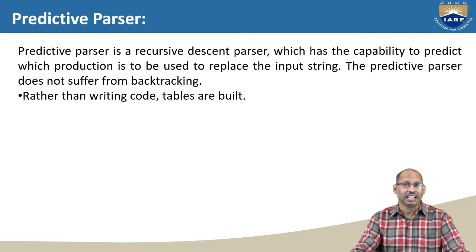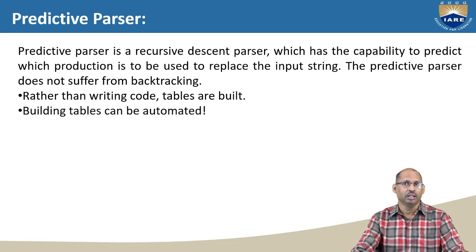Here, we construct the tables. From the table, we can predict which production we can use to replace the input stream. So, building the tables can be automated. We can construct the predictive parsing table automatically.